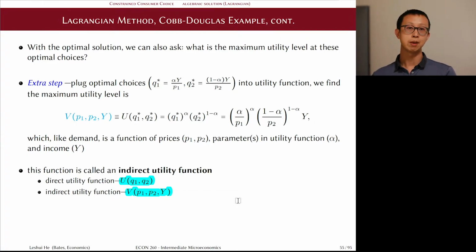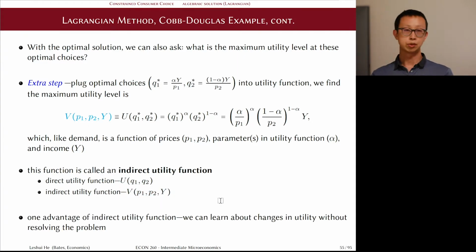For every utility maximization problem with a direct utility function, you can always derive the corresponding indirect utility function after obtaining the optimal consumption choices, and then just plug Q1 star, Q2 star back into the utility function, and you'll be able to obtain the indirect utility function. We'll see the indirect utility function reappear again and again throughout this course.